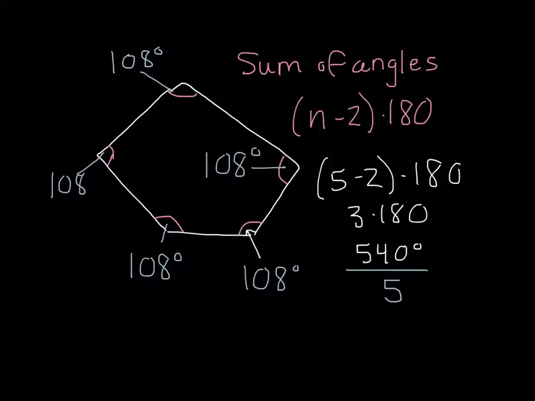Since it's regular, they're all the same, so 1, 2, 3, 4, 5 of them gives me my 540, or if I add them all together, it will equal 540. So if I want to find out what each one of them is, if I'm just given the shape, but I do know that it's regular or equiangular, I just divide by n.